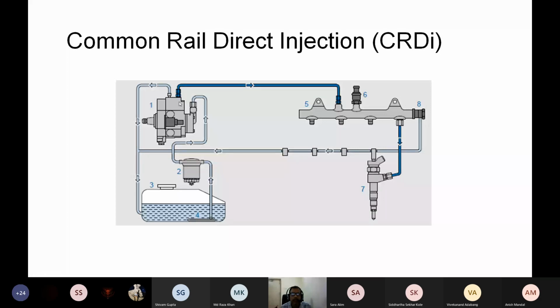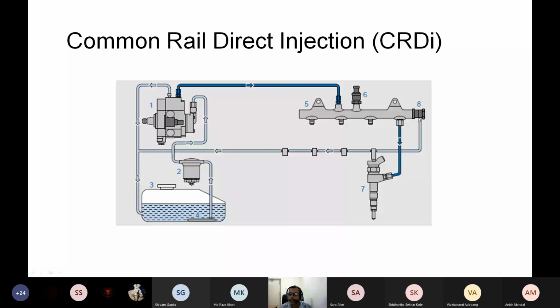It will always pressurize the fuel at the maximum value, 1500 bar, and send it to the fuel rail, irrespective of the demand for fuel injection pressure.